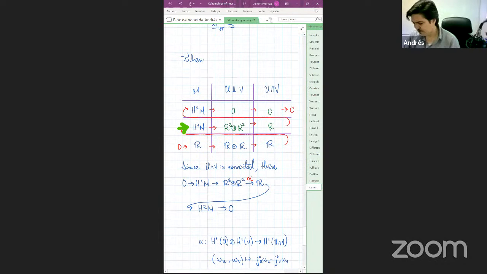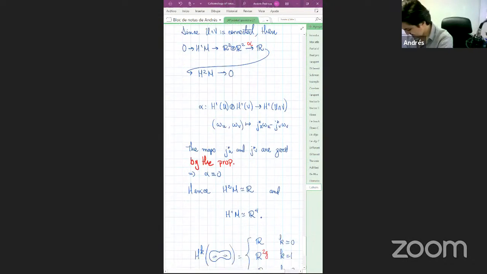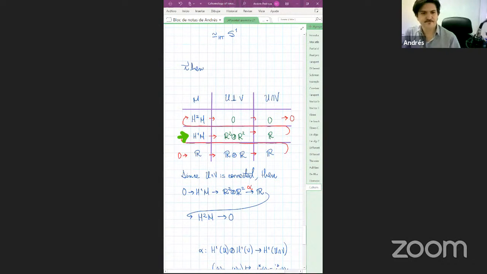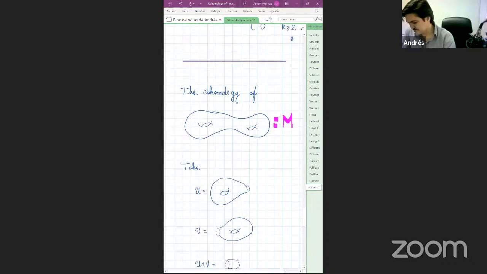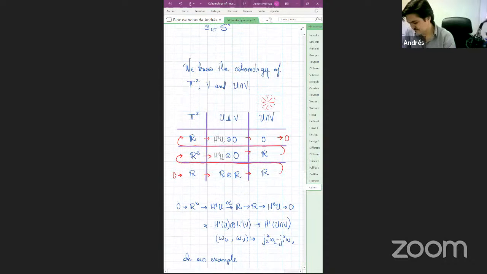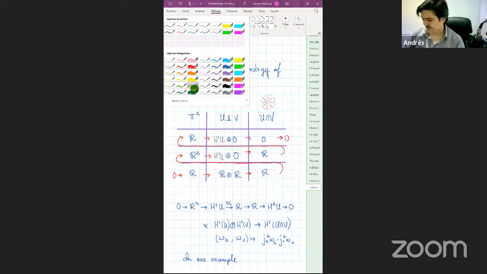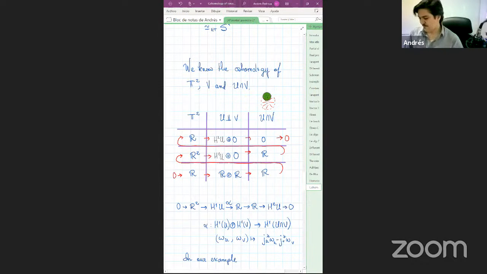Yeah, so here is where we use that part. I think that's the only case. Also here, maybe that's why I wrote this one here.